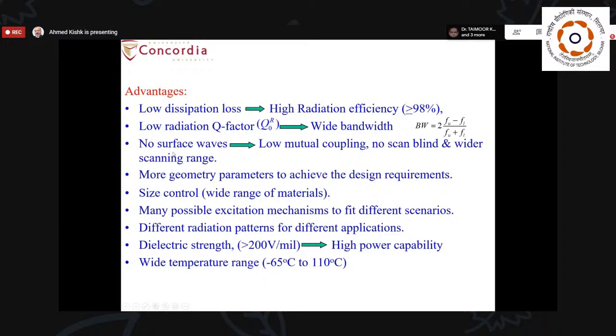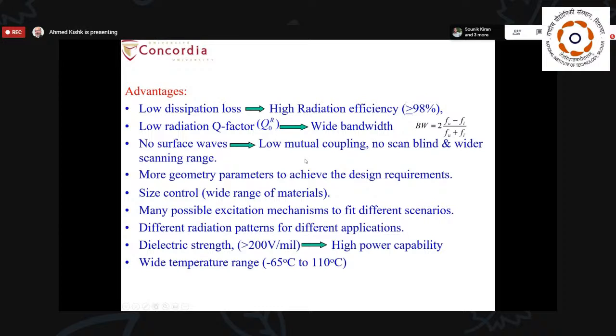And this structure doesn't suffer from the problem of surface waves like printed circuit antennas. So here it has no surface wave, and it also has lower mutual coupling than microstrip antennas. That means it will have no scan blindness and a wider scanning range than microstrip antennas.